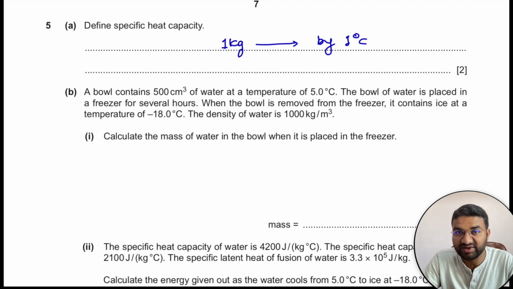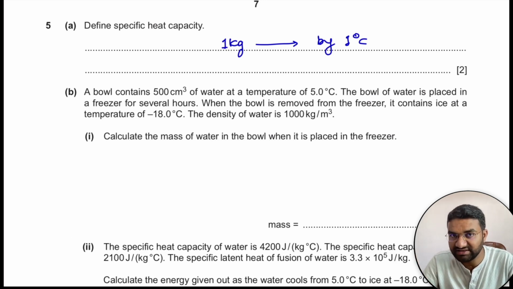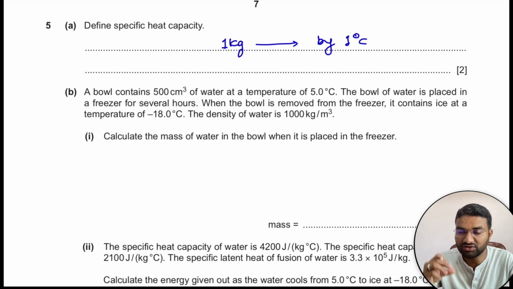This is a 2-mark question, so you can explain it like this. I will repeat it: the amount of heat required to raise 1 kg of material by 1 degree Celsius. For example, if you want to increase water temperature by 1 degree Celsius, you require a certain amount of heat. So that's a specific heat capacity.